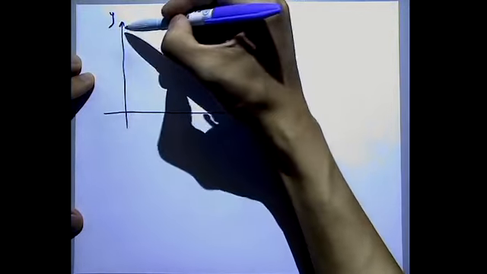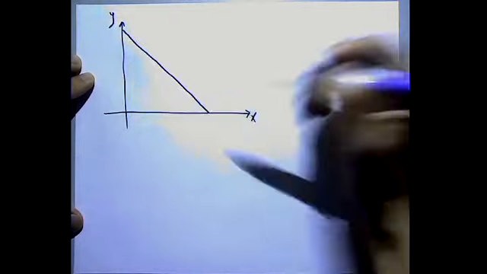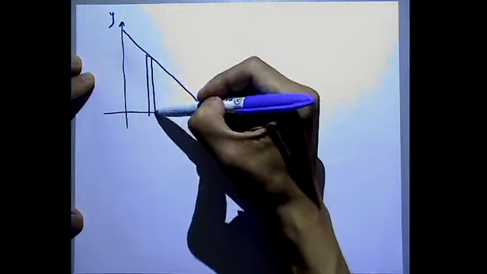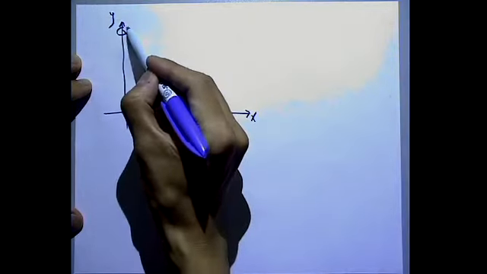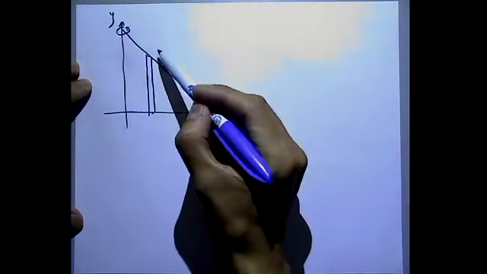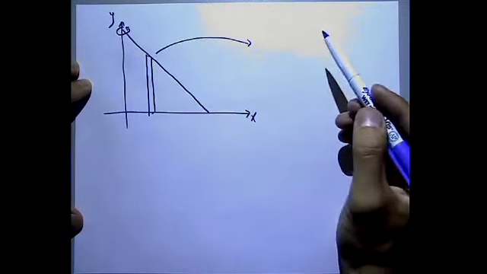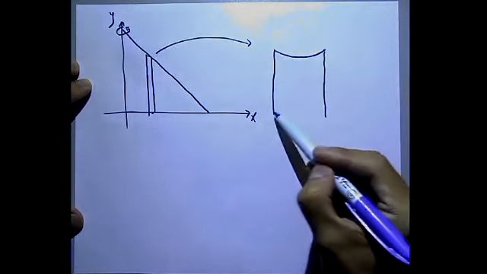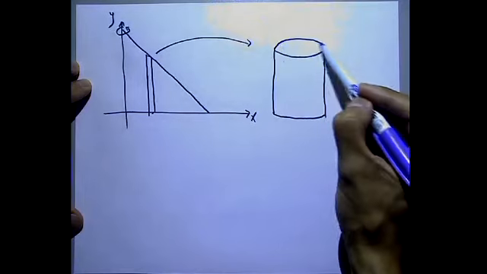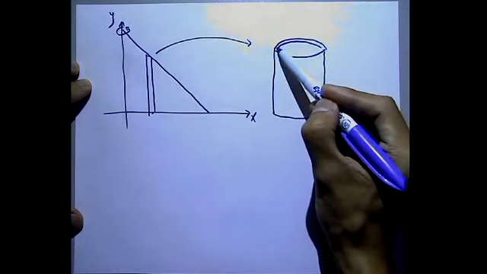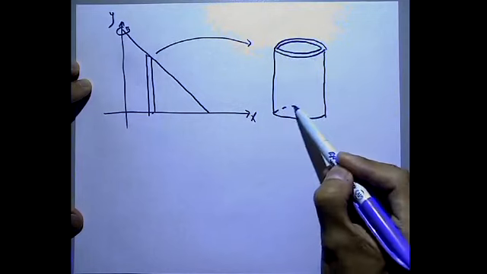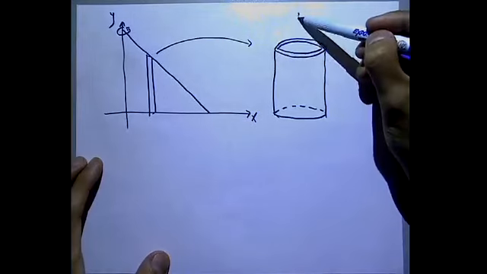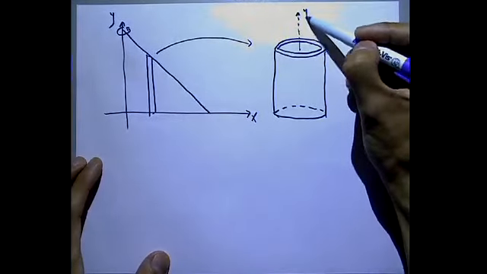Let me resketch the partial cone here, just a part of it. The y-axis is coming out here.